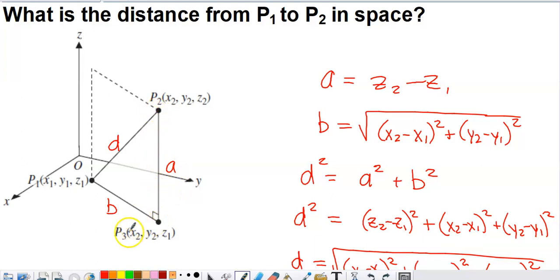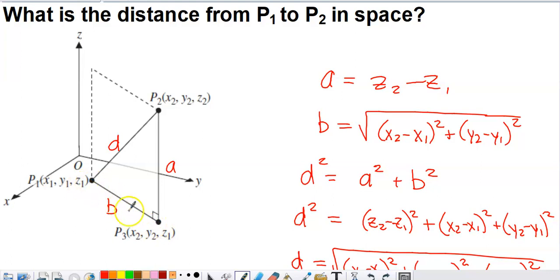For side B, we are going to have to do something a little bit more creative. We're actually going to have to apply the distance formula. Z has not changed. There's no change in the z coordinate. So using our familiar distance formula, the one that involves x's and y's, to find side B, I'm going to have to do the change in the x coordinate squared plus the change in the y coordinate squared, and then take the square root in order to find that distance for side B. So again, I can do that because the z coordinate has not changed.